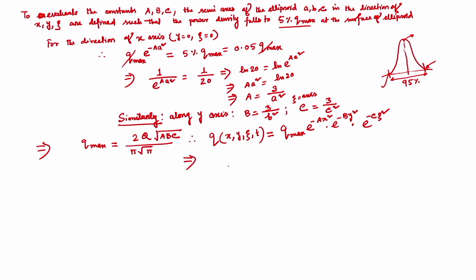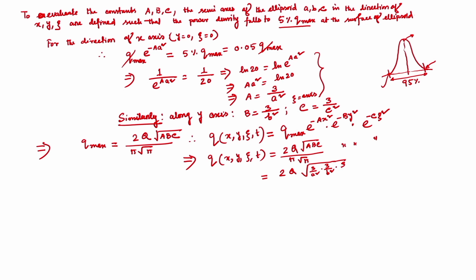In this equation, if we put the Q max value, what do we get? Q of x, y, zeta, t will be equal to, with Q max equal to 2 Q square root of A B C divided by pi root pi, all these things are there, this will give us 2 Q. Now, from this, A is equal to 3 by a square, B is equal to 3 by b square, and C is equal to 3 by c square.